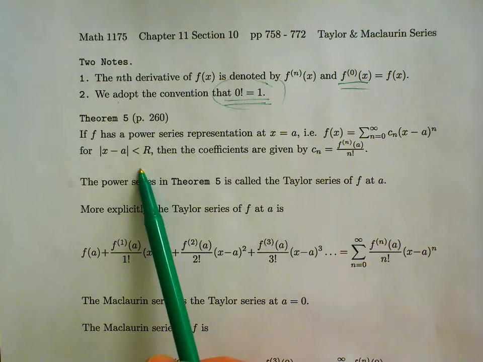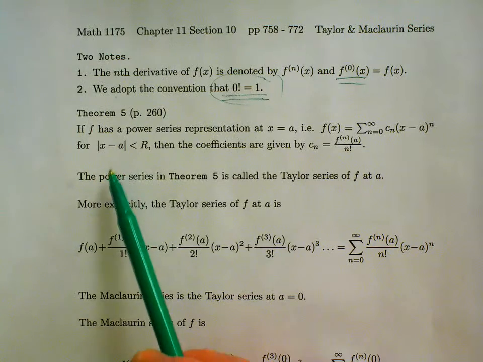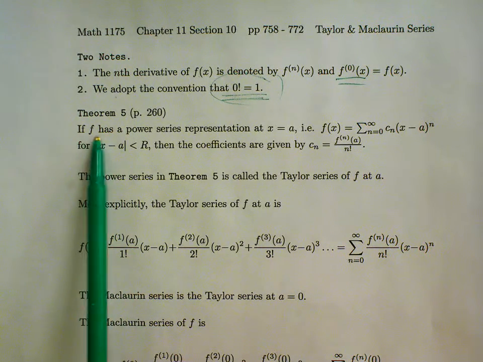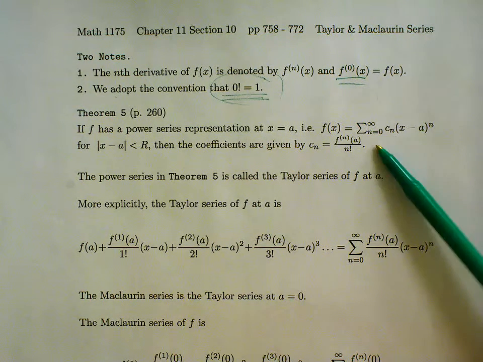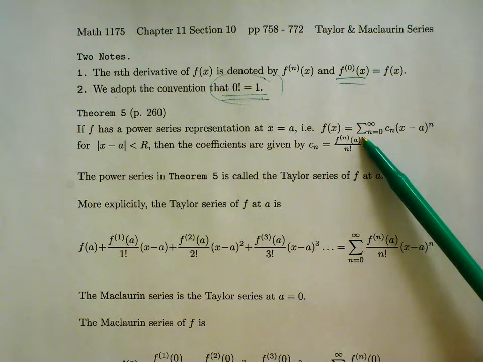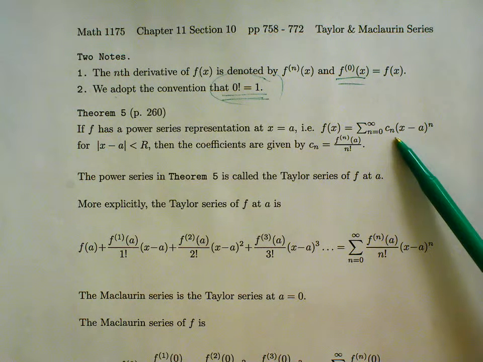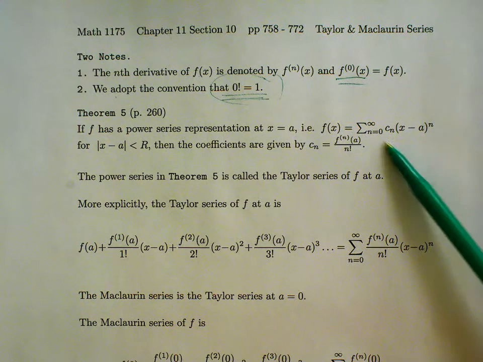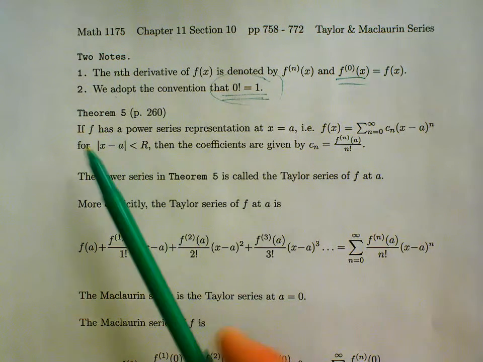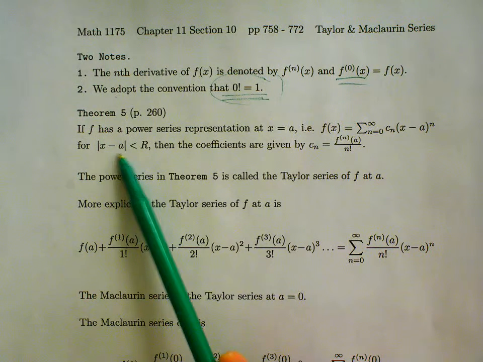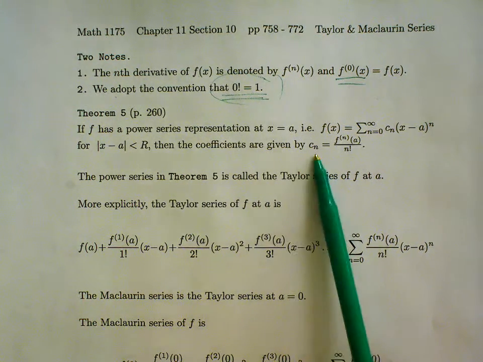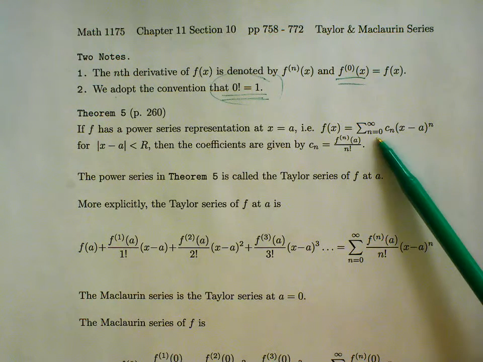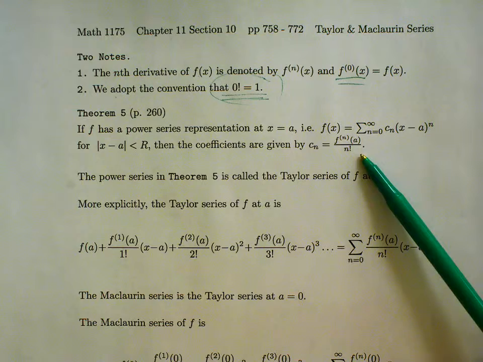Okay, that brings us to Theorem 5. If f has a power series representation at x equals a, that is, if f of x is equal to this infinite series where the terms are c sub n times x minus a to the n, as n goes from 0 to infinity, then for the absolute value of x minus a less than the radius of convergence r, the coefficients are given by c sub n equals the nth derivative of f evaluated at a divided by n factorial.